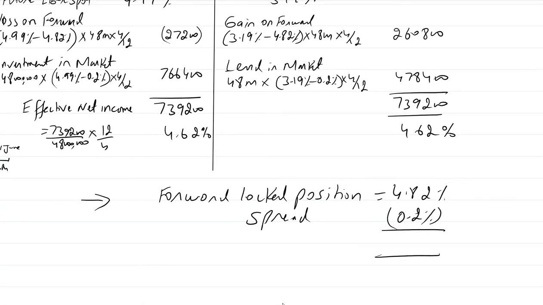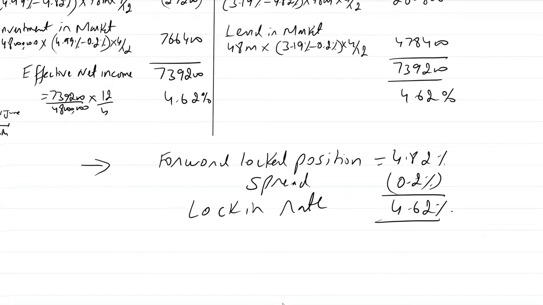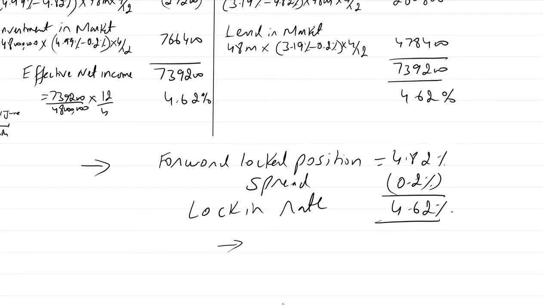So your lock-in rate will be 4.62%. So you can write two statements: that your effective interest income is 4.62% if interest rate rises to 4.99%, or if interest rate falls to 3.19%. Your income has been locked at 4.62%.